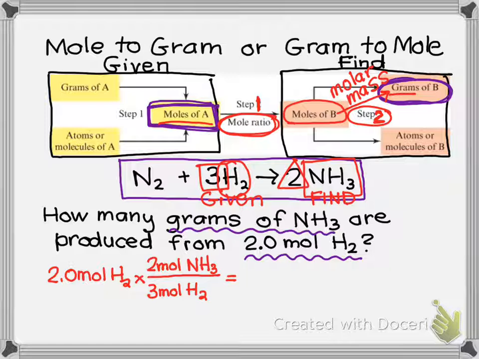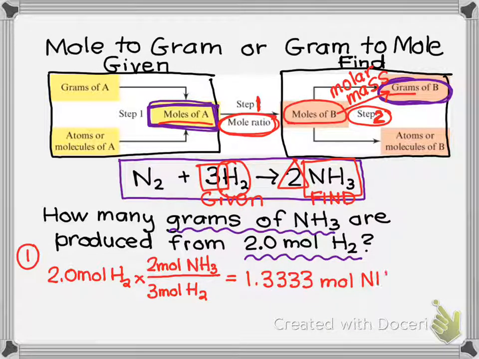So the first step is simply the mole ratio. So that's 2 times 2 divided by 3. So I get 1.3333 moles, and this is ammonia.